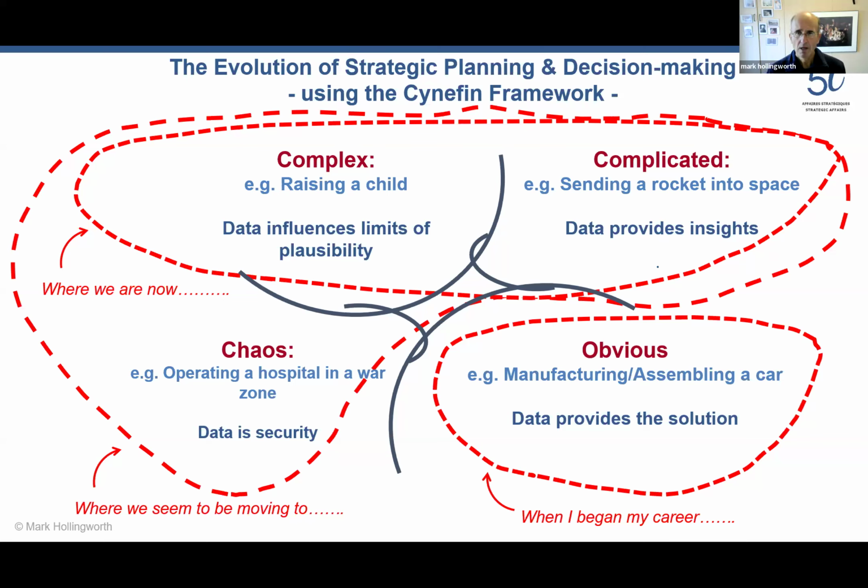So my question I throw out to you is, are you still doing the strategic planning exercise and taking strategic decisions as though we can still assume that we are operating in the obvious quadrant of the Cynefin framework, that the analysis, that the models will give you an answer? And if you only use them well, the ideal, the best solution will come up.